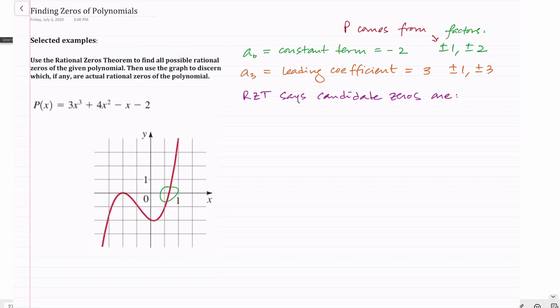And so here's what I'm saying. We'll start with 1. So we're going to have plus or minus 1 over 1, plus or minus 1 over 3, because the other value of Q would be 3, you understand? And then the next value of P would be plus or minus 2, so we'll have plus or minus 2 over 1, and then plus or minus 2 over 3.